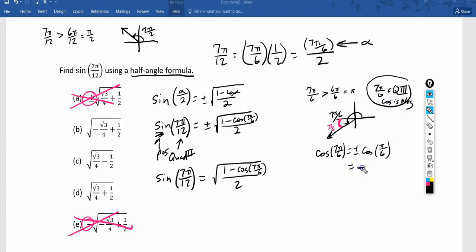And so that's the reason we select the negative one. And cosine of pi over 6 is one of our common angles that we have to know. Okay. So now I can come back to this formula, and I'm going to have 1 minus the cosine of 7 pi over 6, which is in itself negative root 3 over 2, all divided by 2.